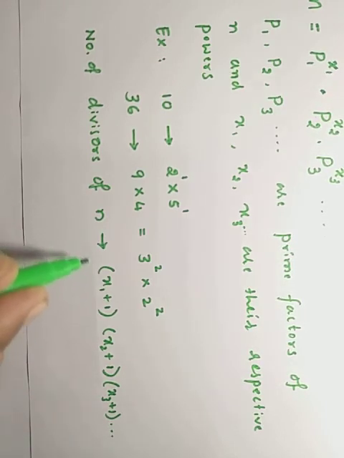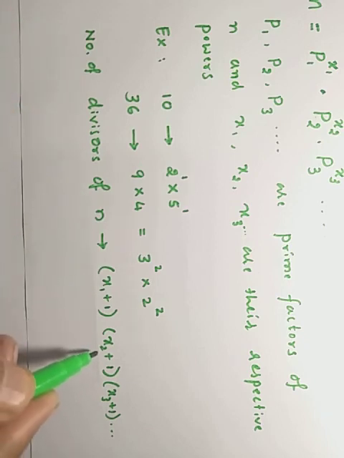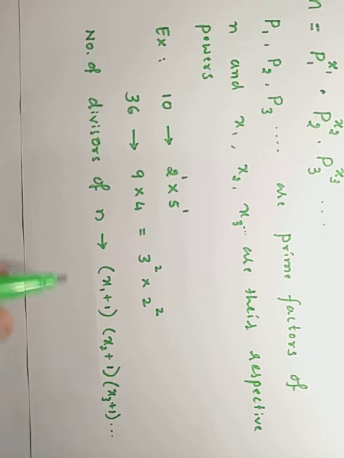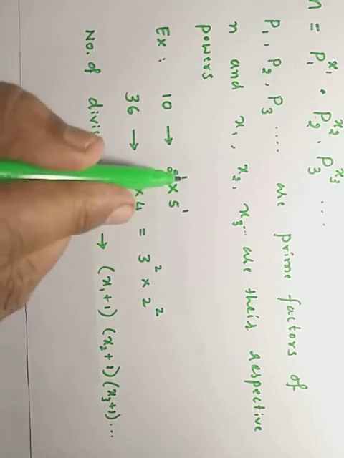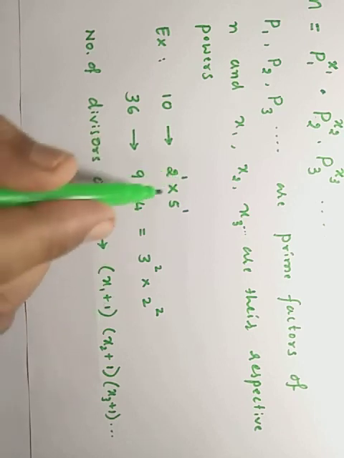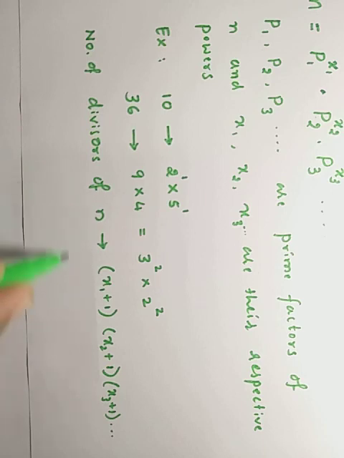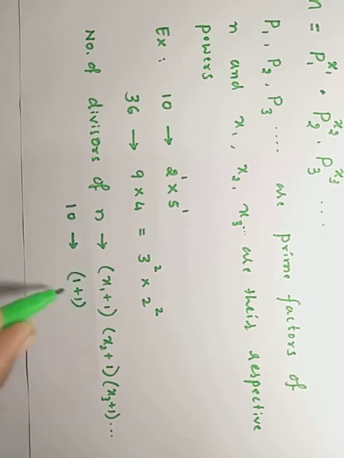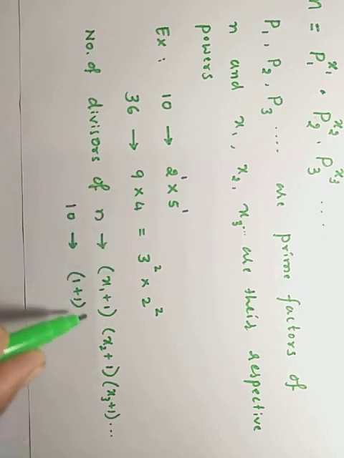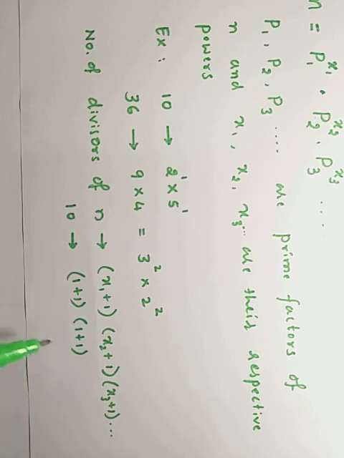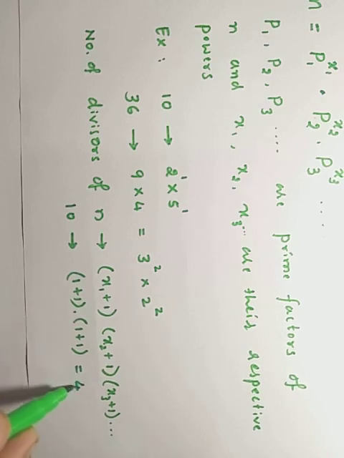I repeat, number of divisors of n is equal to x1 plus 1, x2 plus 1, x3 plus 1 and so on. According to this example, x1 is 1 in case of 10, that is 1 plus 1 into another one, x2, that is also 1 plus 1. 1 plus 1 is 2, 2 and 2 multiplied is equal to 4.